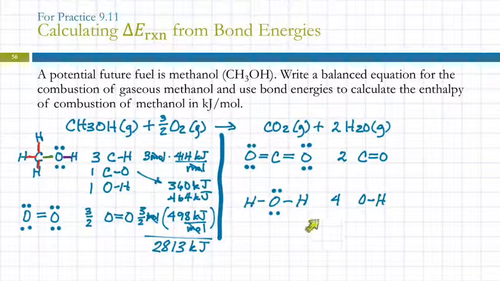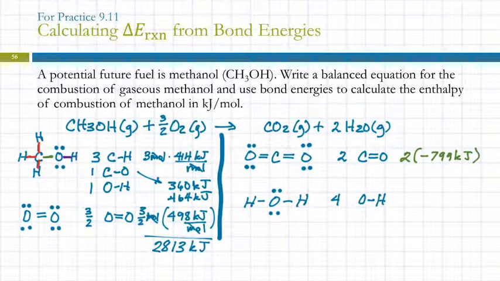Over here, these bonds are being formed, which means they're releasing energy. So I'm going to make this green then. So I've got 2 moles of carbon-oxygen double bonds in CO2. So I look up that, 799 to break it, minus 799 if you make it.